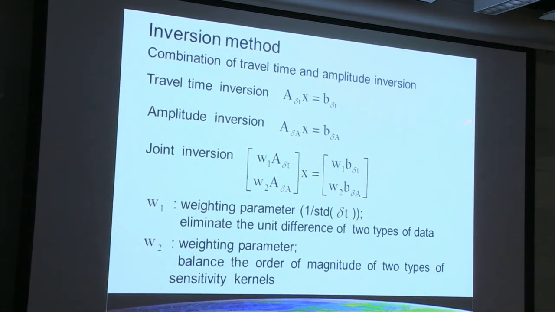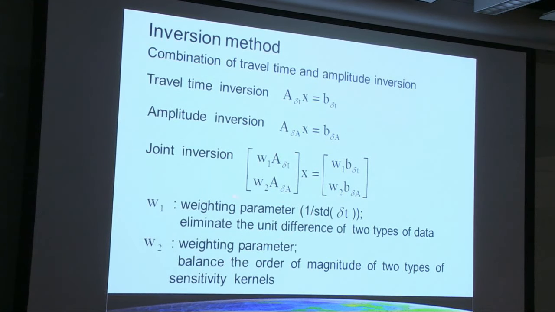So there are two problems if we want to joint the travel time and amplitude inversion. First, the travel time measurements are in the unit of seconds, but delta A is dimensionless. So we apply a weighting parameter, usually taken as 1 over the standard deviation of the travel time anomaly, to eliminate the unit difference of the two types of data.